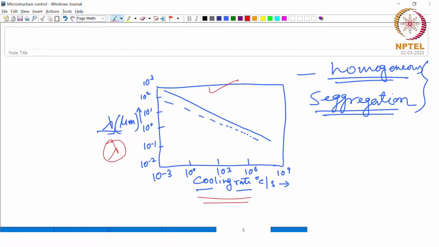Okay. Now, we will continue on this and then see how this microstructure can change to other type of microstructure and how you exercise the microstructure control with the help of these process parameters. Okay.